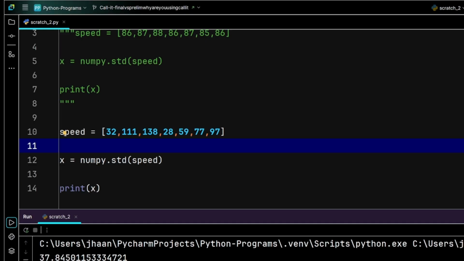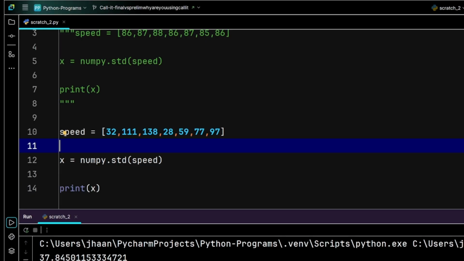So this is the NumPy method to calculate the standard deviation. As you can see here, it computes the standard deviation along the specified axis and returns the standard deviation, which is a measure of the spread of a distribution of the array of elements.